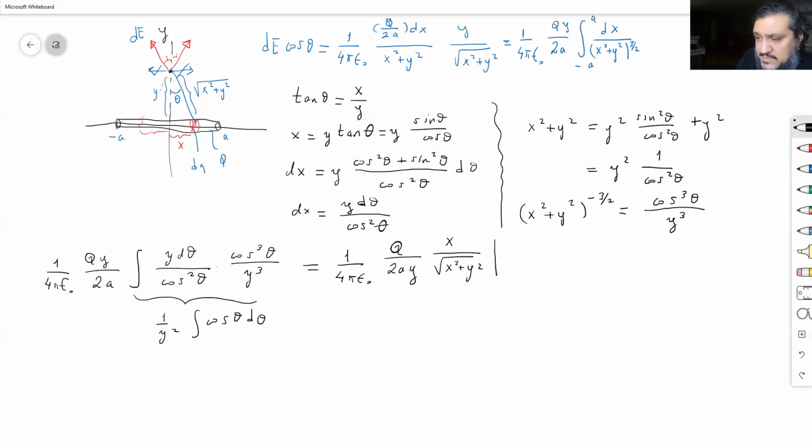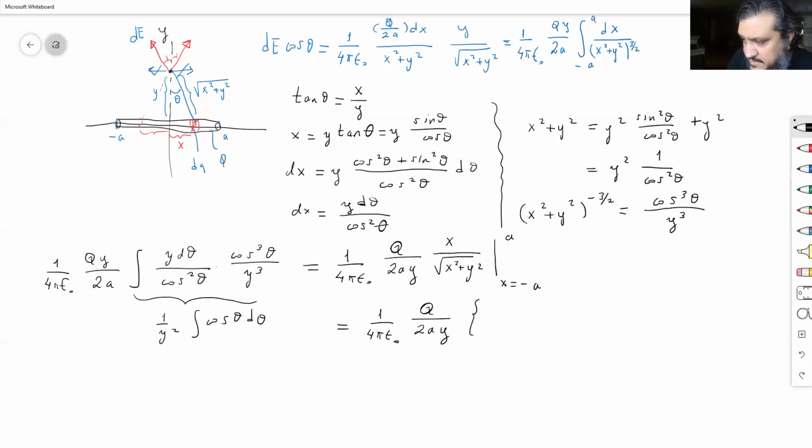If I plug in the limits now, x goes from negative a to positive a. One over 4 pi epsilon 0 q over 2ay.